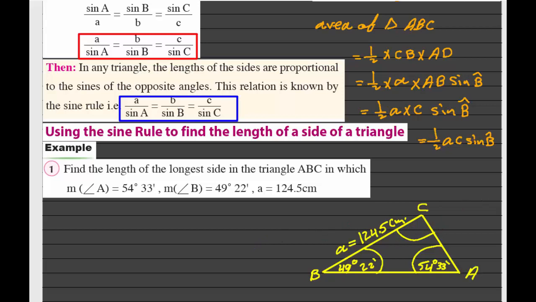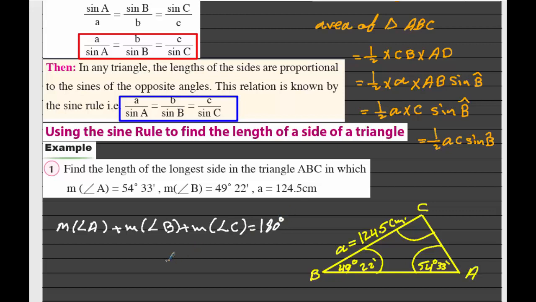We know that the measure of angle A plus the measure of angle B plus the measure of angle C equals 180 degrees.